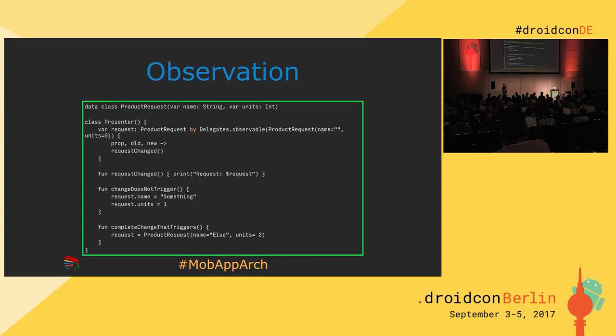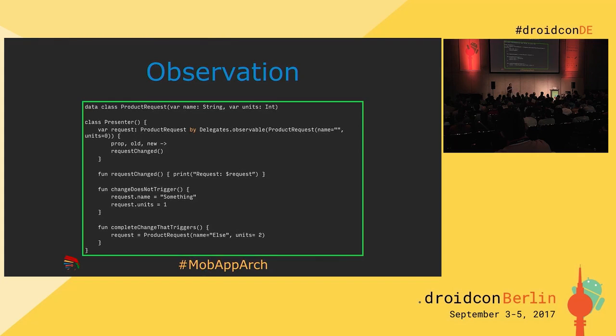Notice that if you run this, if you change a property of this request, the method will not be triggered. Why? Because the reference to the object is not changing. What is changing is one of its properties. So in order to trigger the delegation, you have to change the reference, create a new request with new data, or monitor individual properties individually. Okay? Still, very, very nice.